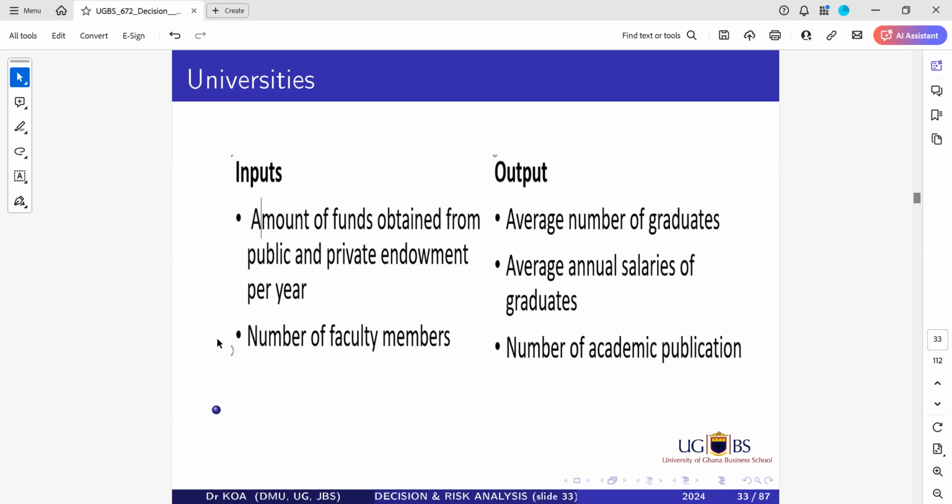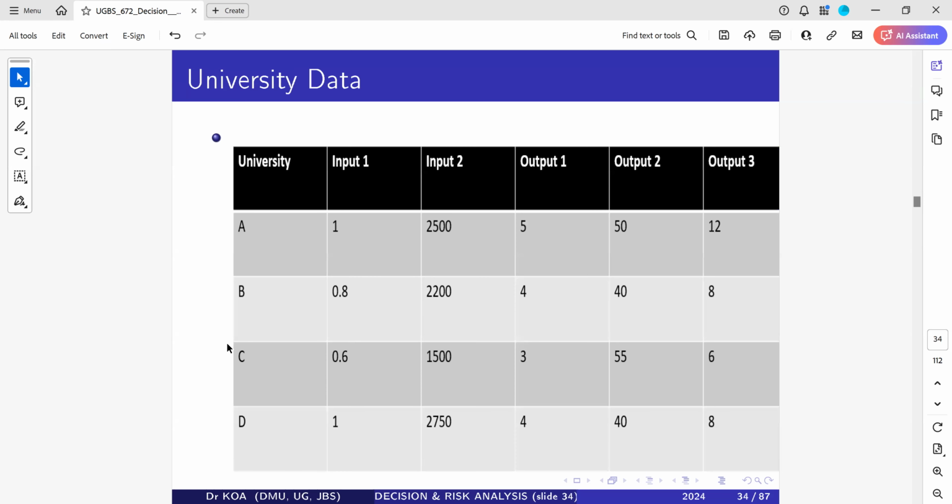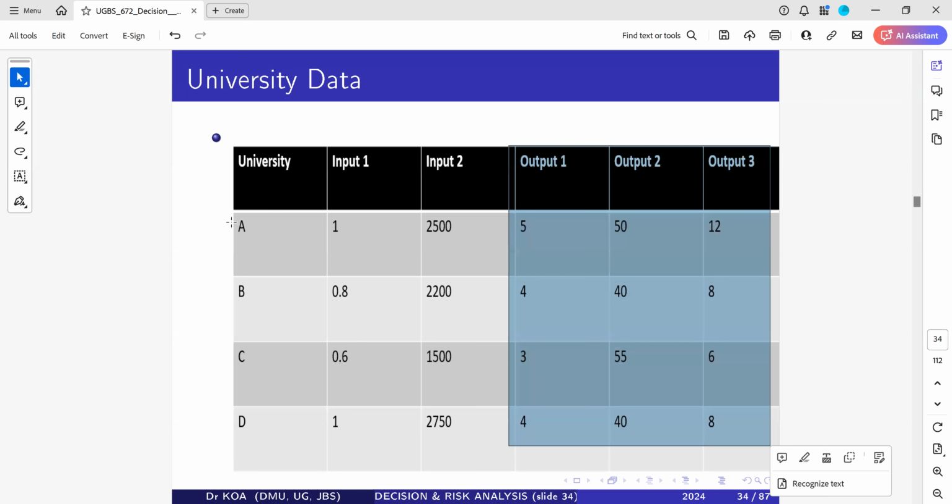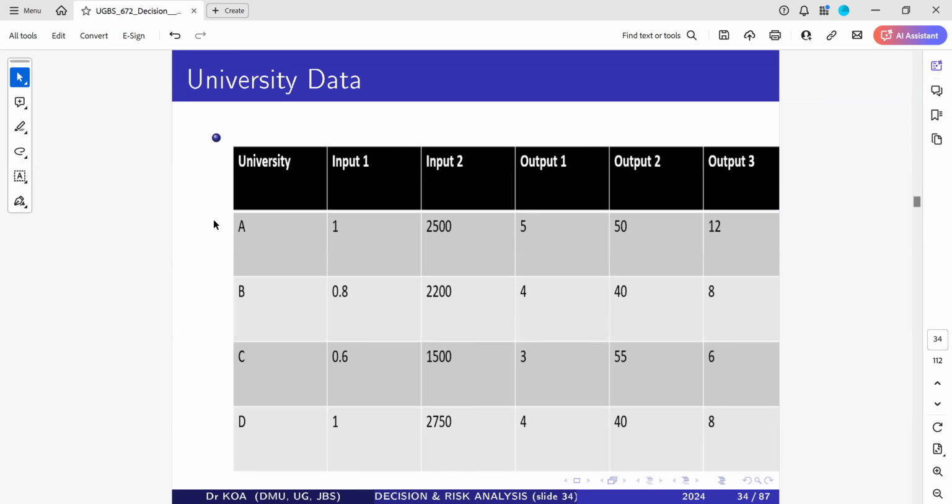Average annual salaries of graduates. And then the publications the school would have made. All of these are practical papers. Let's take a typical example of a university data. The inputs are 1 and 2. The outputs are 1 to 3. Look at it.